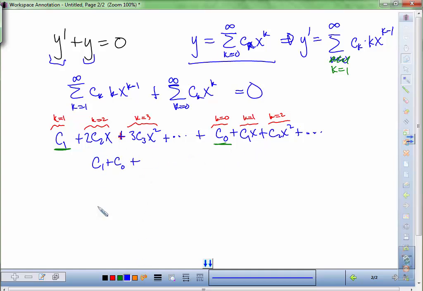And then the linear terms will be 2c_2 plus c_1 times x to the first, plus, because they came from that same series, they came from the same power function.